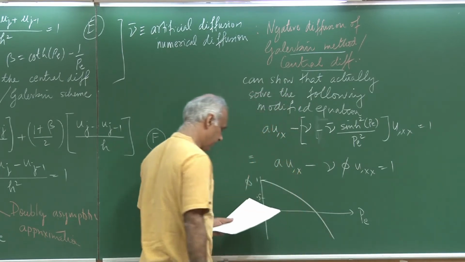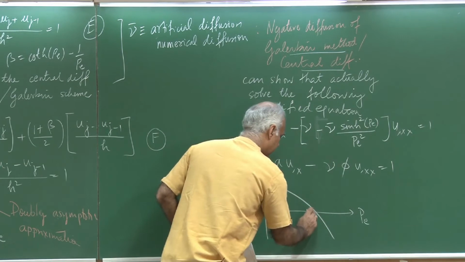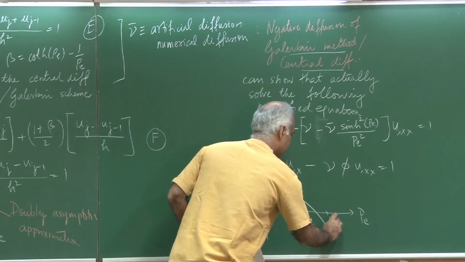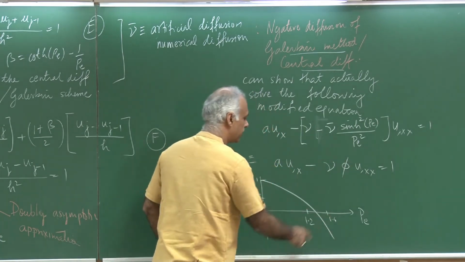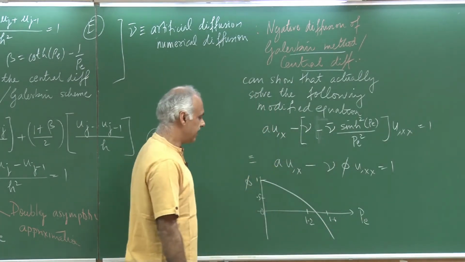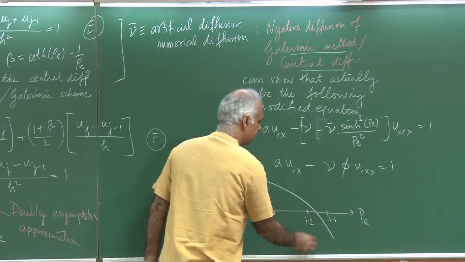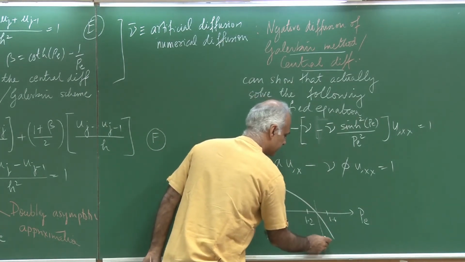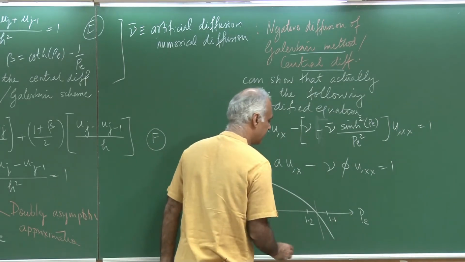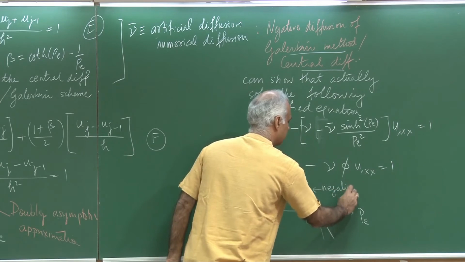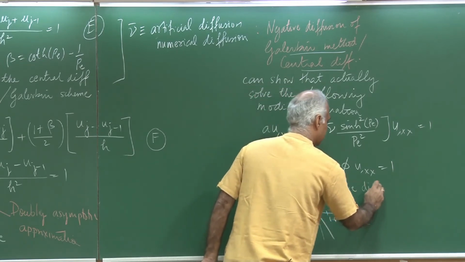I am just sketching it for you. This is around 1.2, this is around 1.4. Somewhere between 1.2 and 1.4, that means for a Peclet number slightly larger than 1, this becomes negative. So, you would get a negative diffusion.